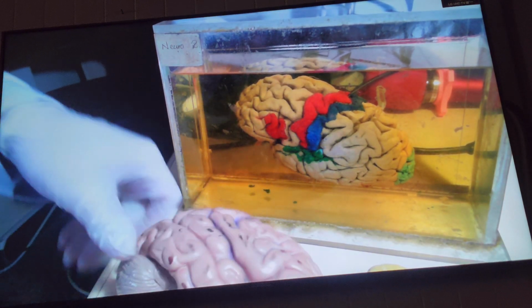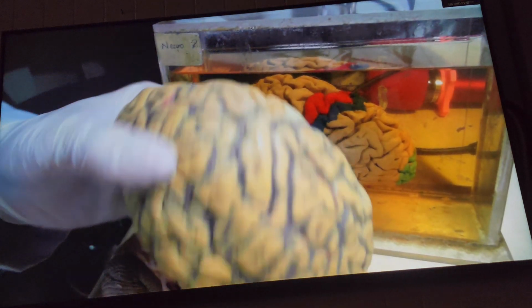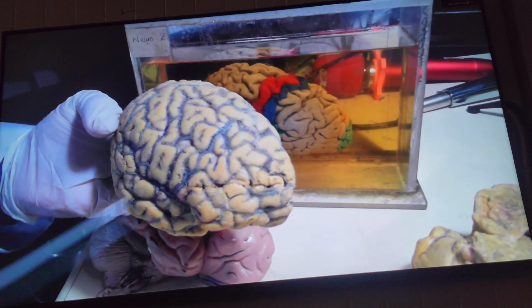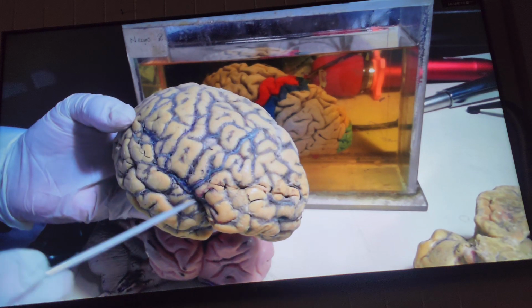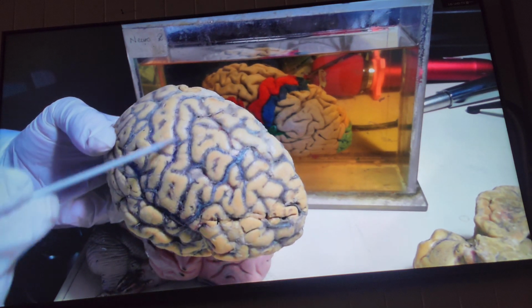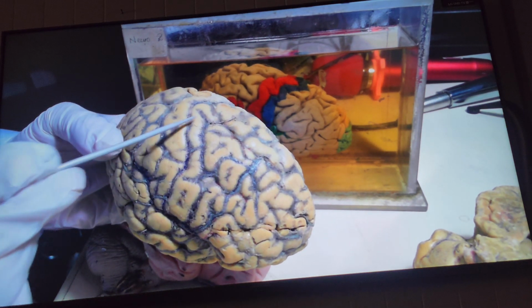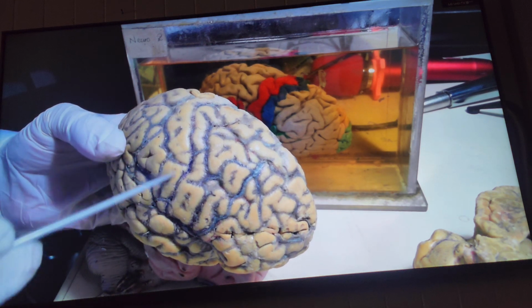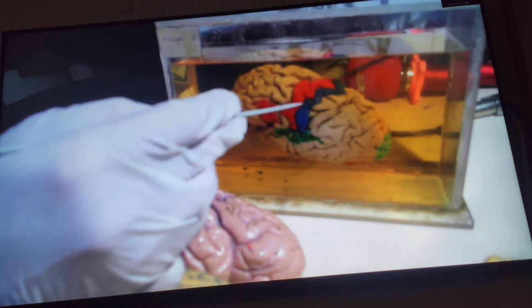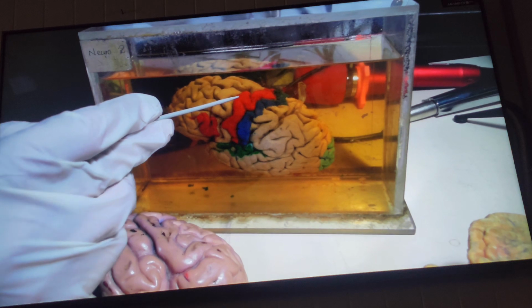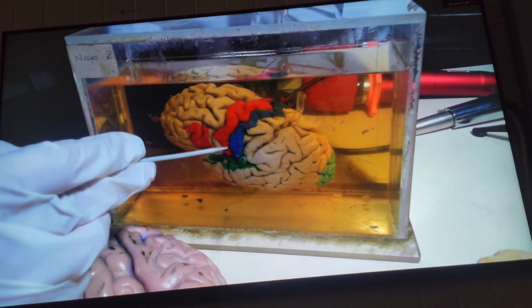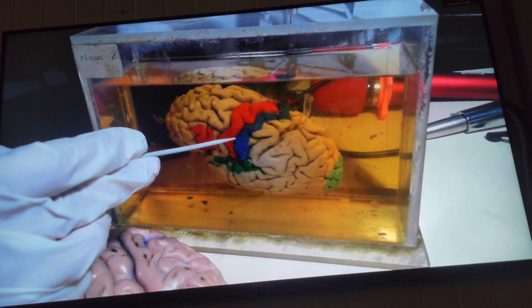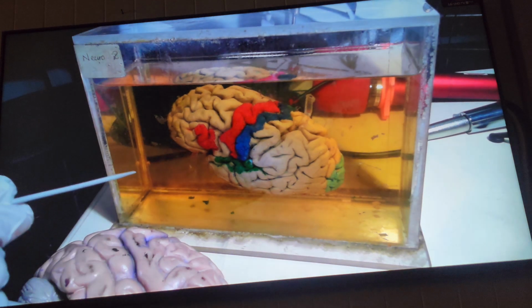What about the taste area or gustatory area? This is the lateral fissure, and this is the central sulcus, precentral gyrus, and postcentral gyrus. This is the motor area, and this is the sensory area, primary motor and primary sensory area.